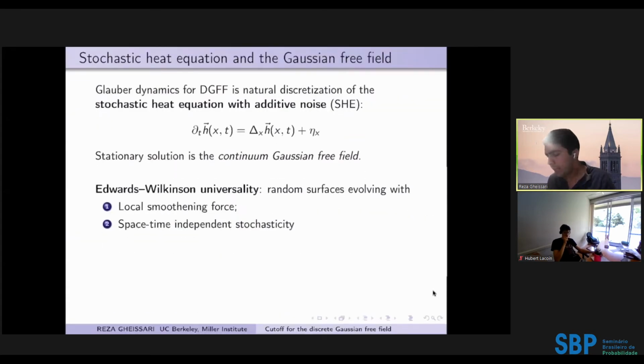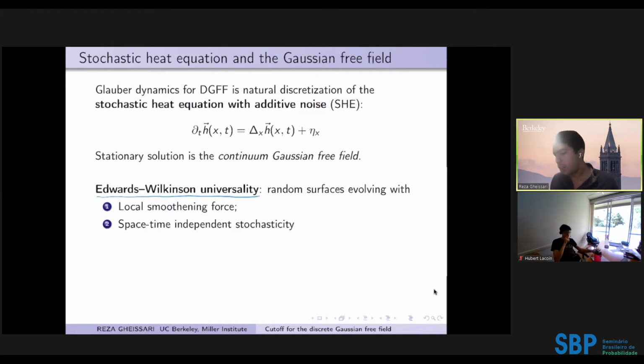Now, these kinds of processes have been studied pretty extensively, and in dimensions 1 and 2 fall under the name of the Edwards-Wilkinson universality class for random curves and random surfaces, which have a competition between 1, a local smoothing force, which is what the Laplacian is doing, and 2, a kind of white noise space-time independent stochasticity, additively.